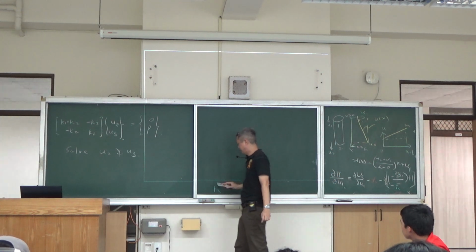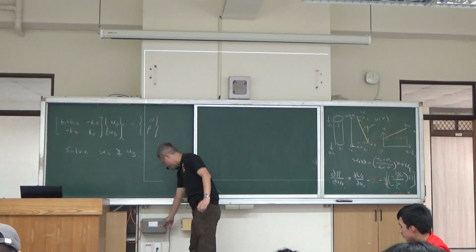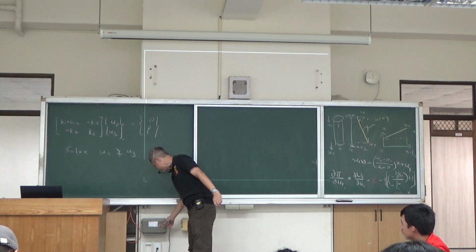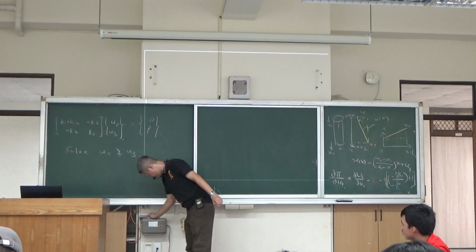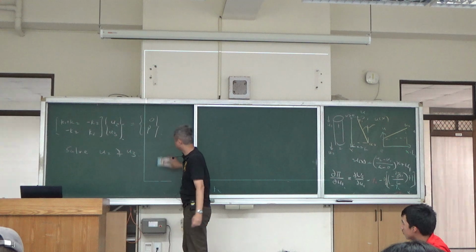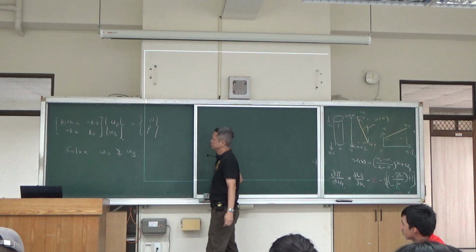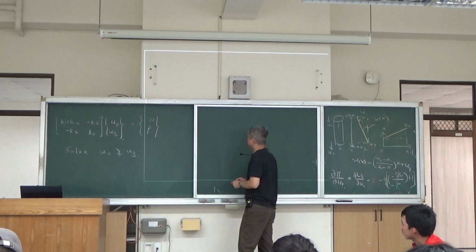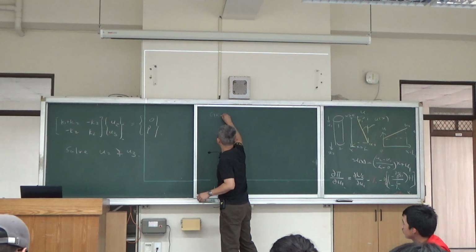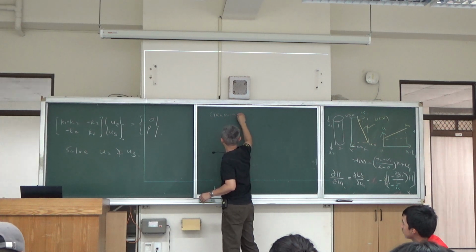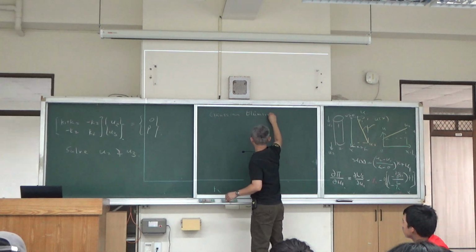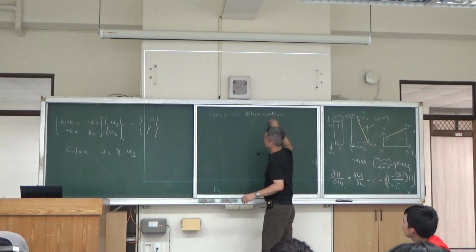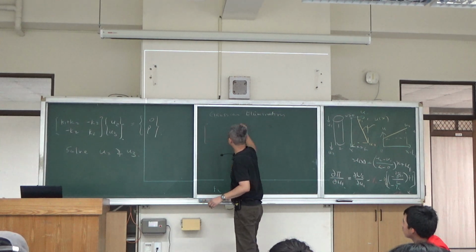You might have learned how to solve simultaneous equations, but I'm going to tell you about Gaussian elimination. What's the whole purpose of solving? What's the procedure of solving this?